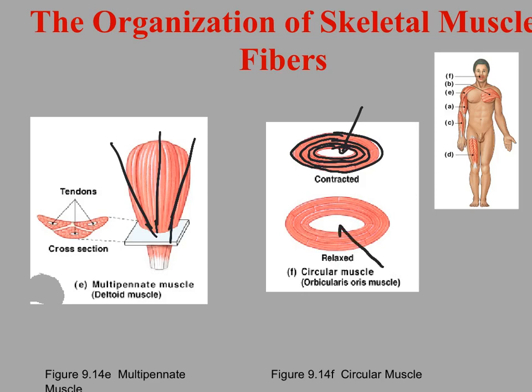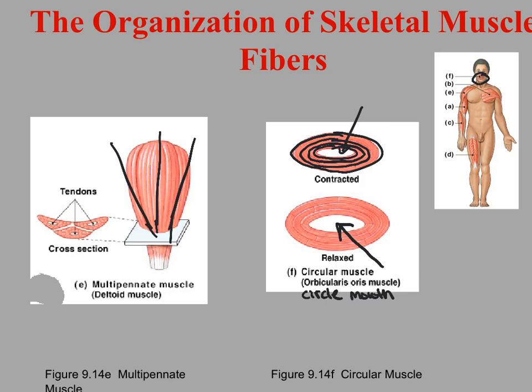When those muscle fibers relax, the openings to the body get wider. One example here would be a muscle called orbicularis oris, the circular muscle around the mouth. That's literally what that translates to: circle mouth.